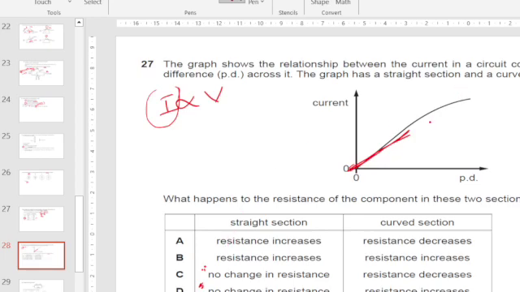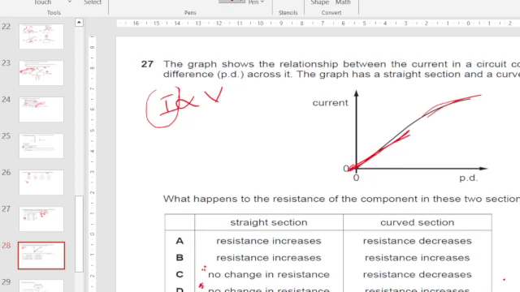And when you come to the curved path, as current increases, this region is a non-ohmic part. Ohm's law is not applicable because it's a curved one. The current versus potential difference graph is a curved one, so Ohm's law is not applicable. In this region, as current increases, resistance decreases.